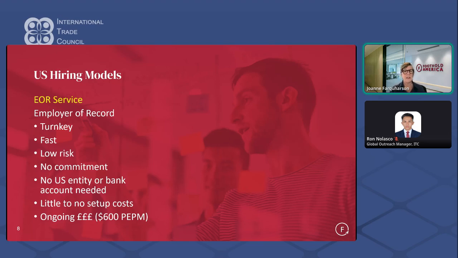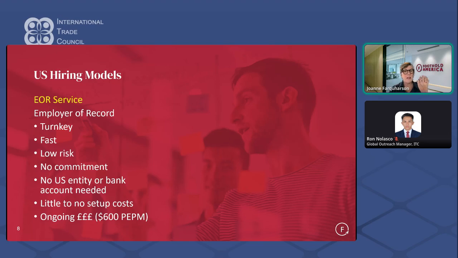And Foothold America is one of these companies: we hire the employee that you've identified, or we can help you find an employee, but you say, okay, I found this person, they're great, they live in Miami, and I want to hire them because they're going to help us grow our sales in the US, for example.